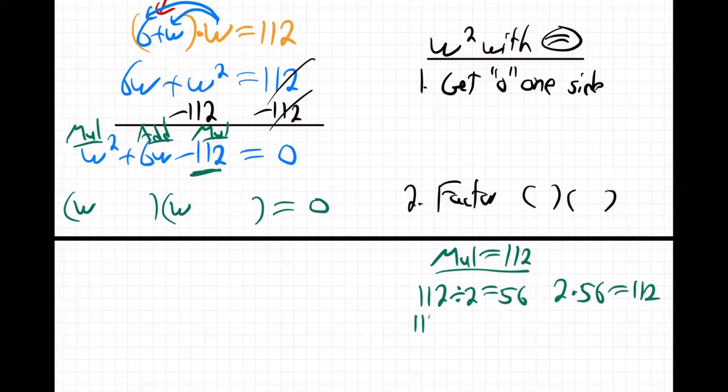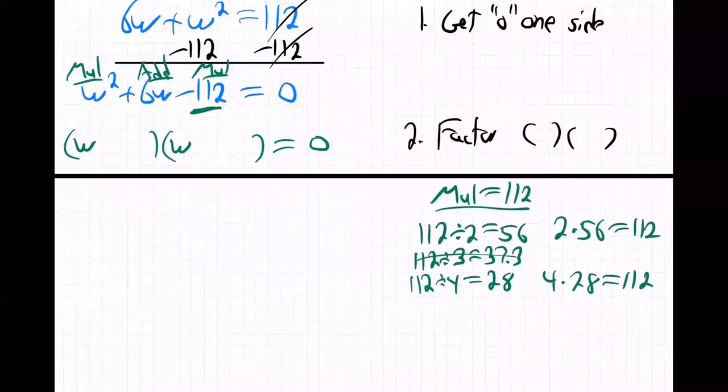That's probably not it. How about if we divide by like 3? I don't think it works. No, it comes out some decimal, 37.3. So forget that. And then 112 divided by 4 is 28. So 4 times 28 is 112.